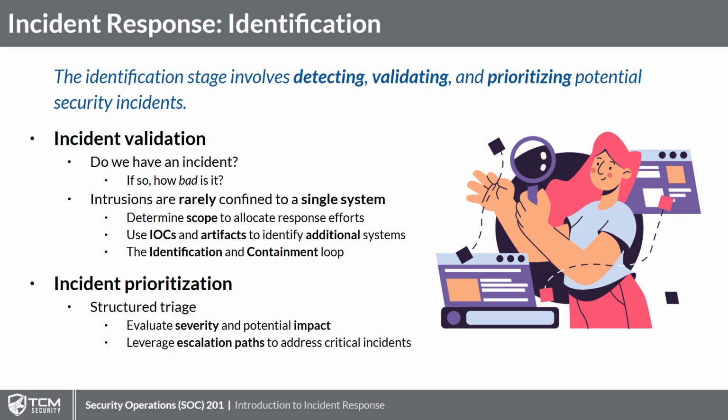If you think about it, intrusions are almost never confined to a single system. When an attacker gains that initial foothold or that initial compromise within the network, maybe they're able to run malicious code or gain remote access to a public-facing server. That first initial system is almost never where the attacker needs to be in the network in order to accomplish their goals or their actions on objectives.